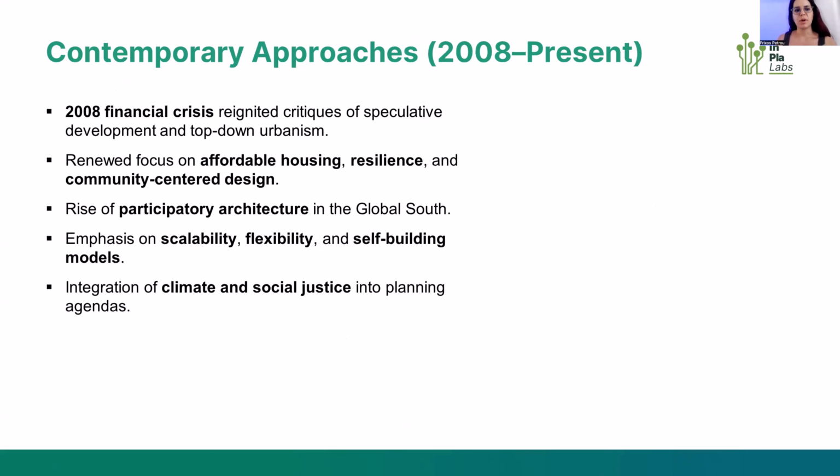After 2008, the financial crisis and also the rapid change and the appearance of a set of global challenges like climate change and the need for more inclusivity, resilience, and sustainability brought a wave, let's say, of demand at a global level for approaching in a more just and inclusive way how we plan our cities, how we make decisions, and how housing and also urban planning and mobility are formed.